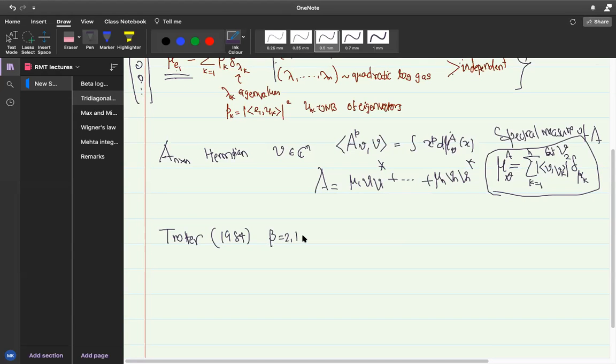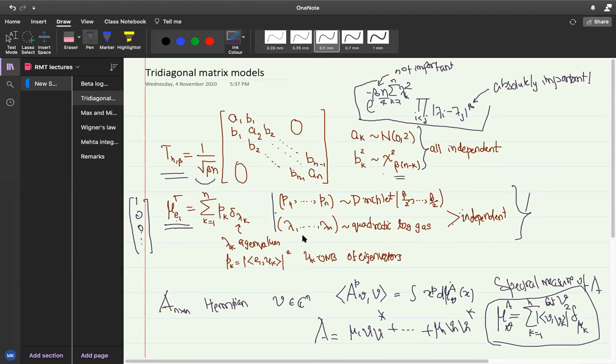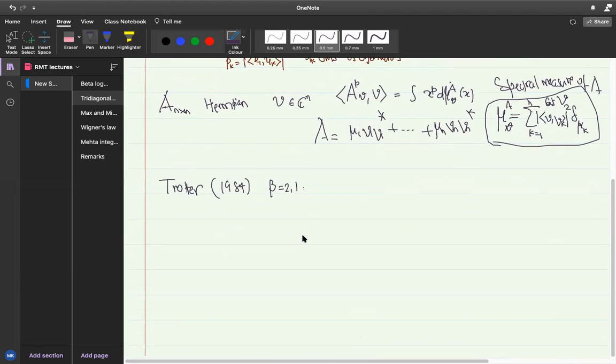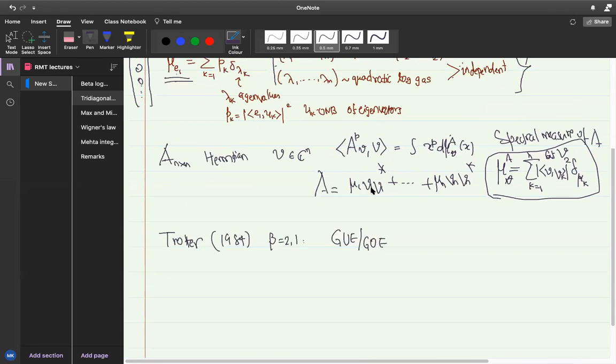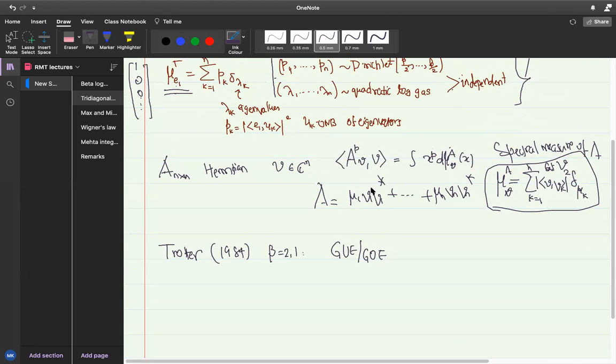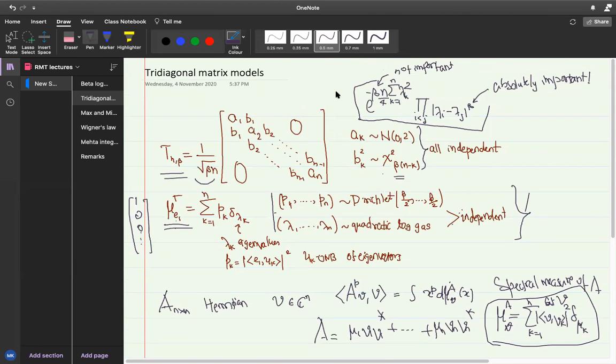Actually, he was not looking at the beta log gas. What he was looking at were GUE or GOE matrices. For those who know, GUE I defined, GOE is something similar but with real Gaussians. Their density was known to be exactly this one with beta equal to 2 and 1.